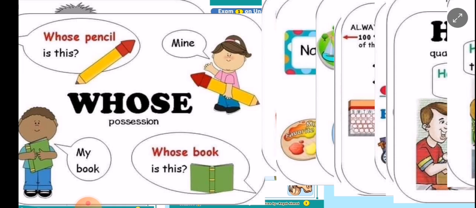So when we use whose, we need to know who this thing belongs to. I don't want information about the people, but I want to know whose these things are. It belongs to Ahmed, meaning who has the possession.